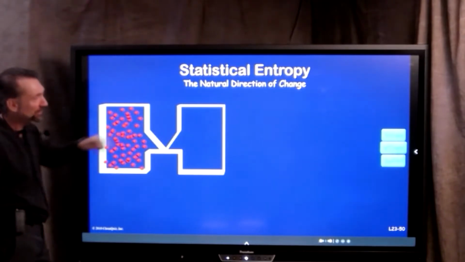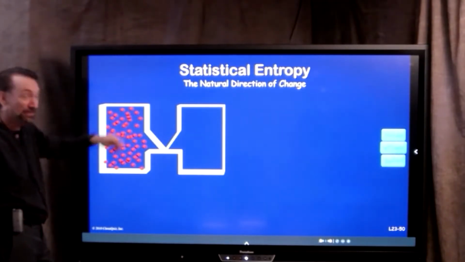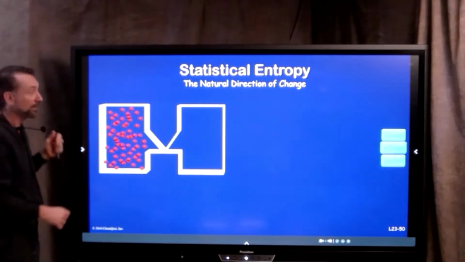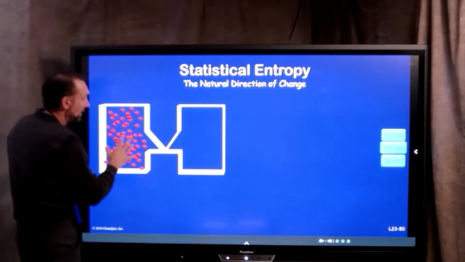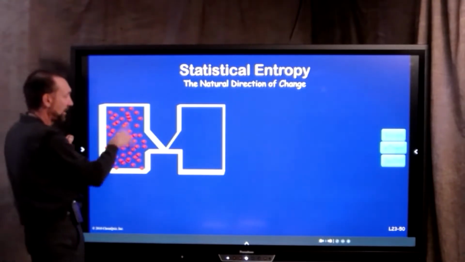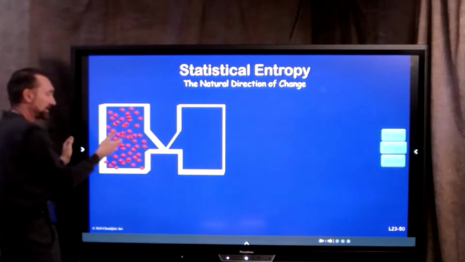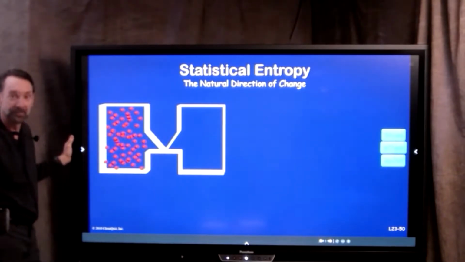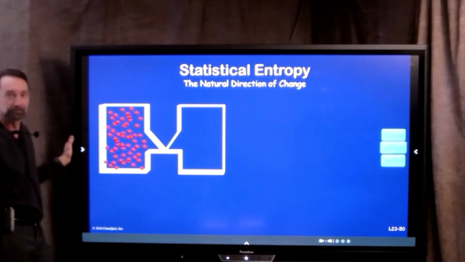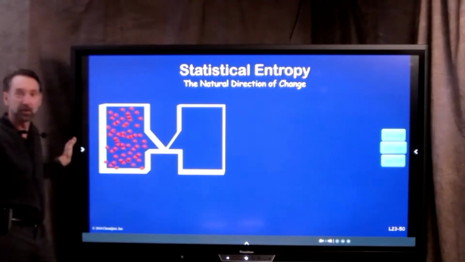particles. And we can look at that from a simple statistical argument to start, and then we'll apply it to the chemical systems. So here I have a bunch of gas particles locked in one side of a system. I'm going to open this valve, and what's going to happen when I open that valve?